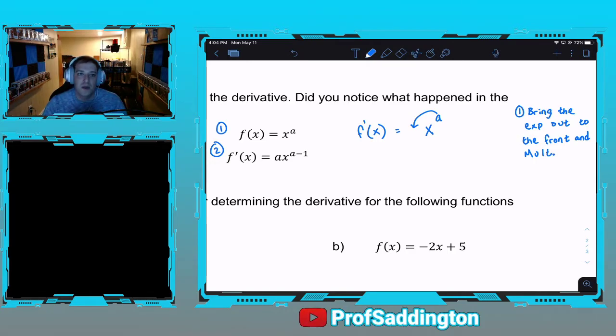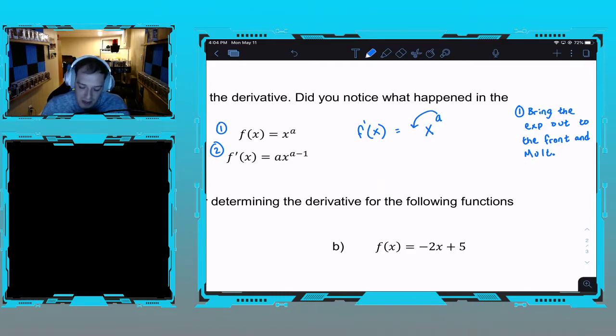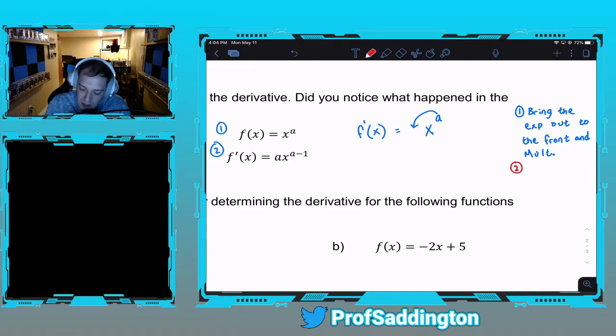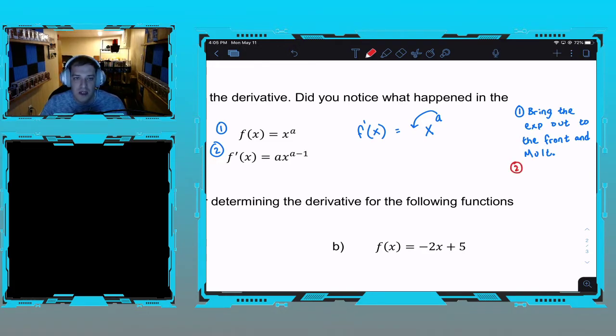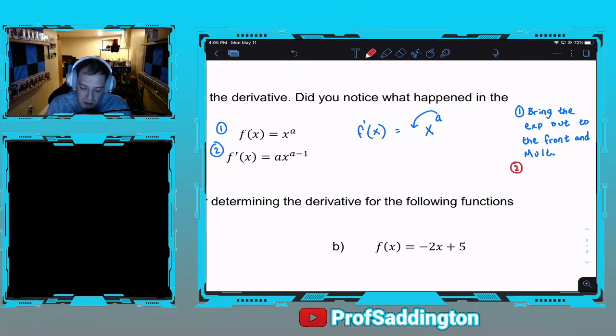It's kind of similar to when we used to do logs. If you guys recall, when we did logs, we would write the word log, and then we would take whatever the exponent was and bring it out to the front. Very similar. The part that's different is the second part. After you bring the a over, and that's what we did right here, we're just taking this a and bringing it to the front.